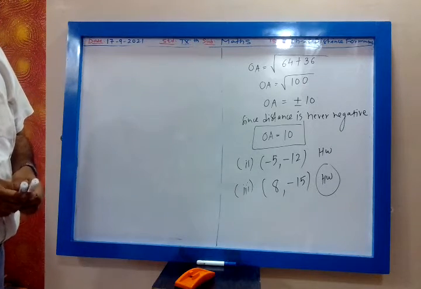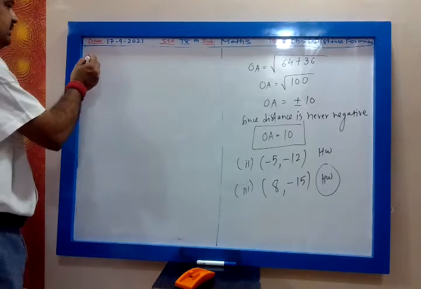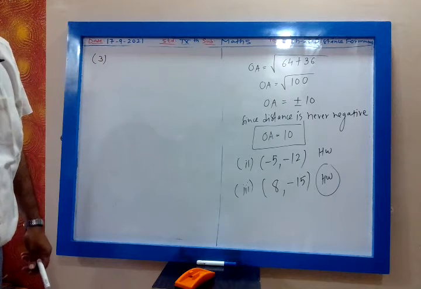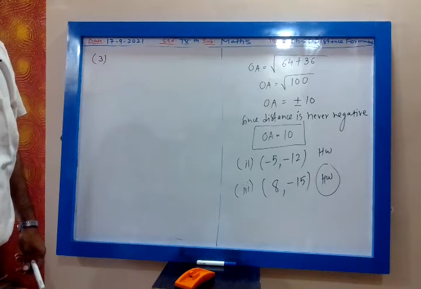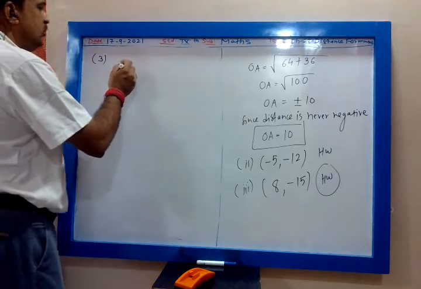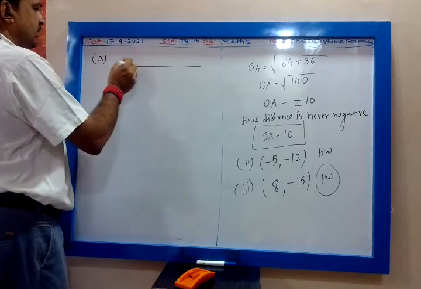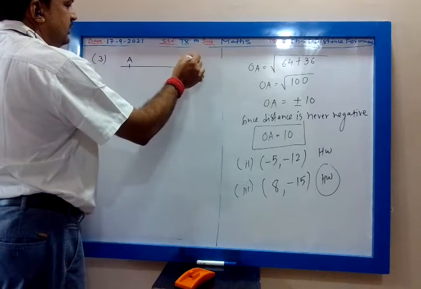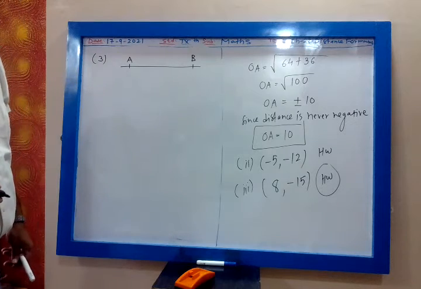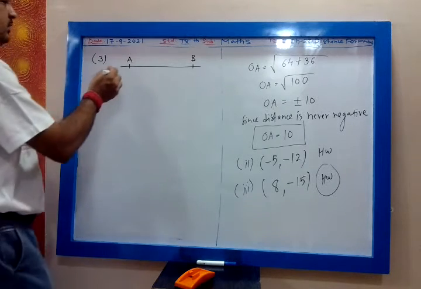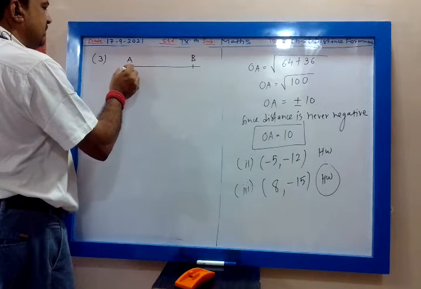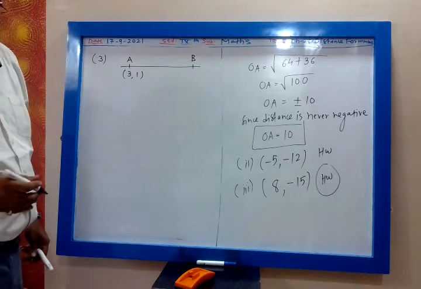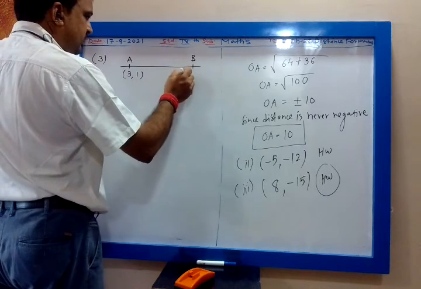Now third one: the distance between the points 3, 1 and 0, x is 5. Let us take 2 points, A and B. Suppose this is my 3, 1 and 0, x.